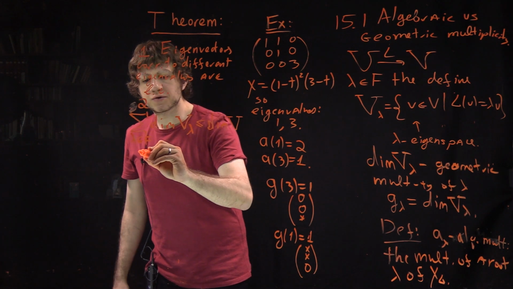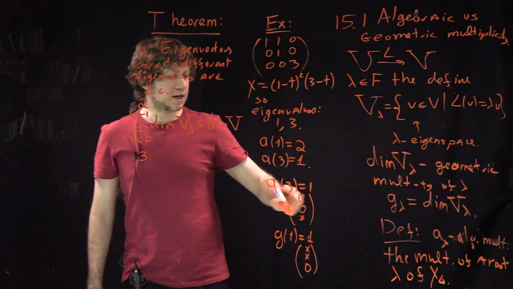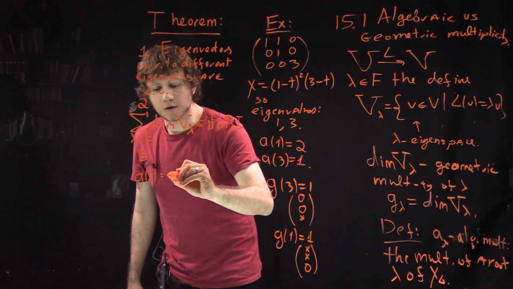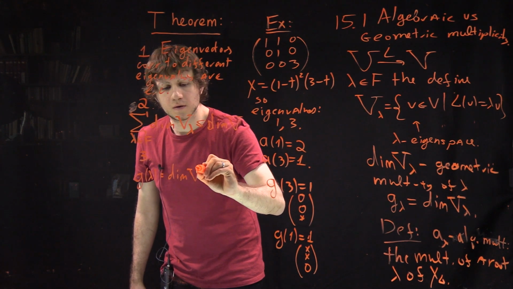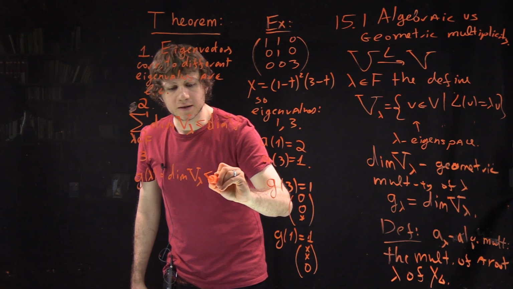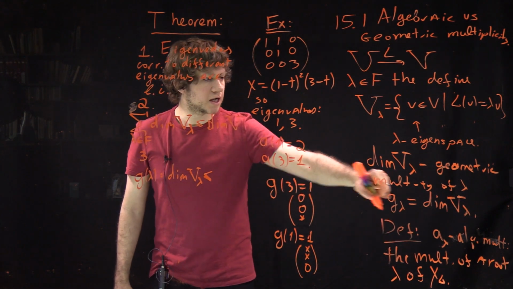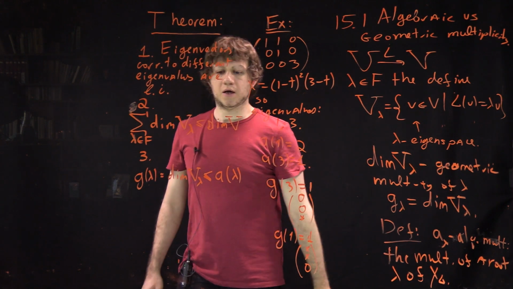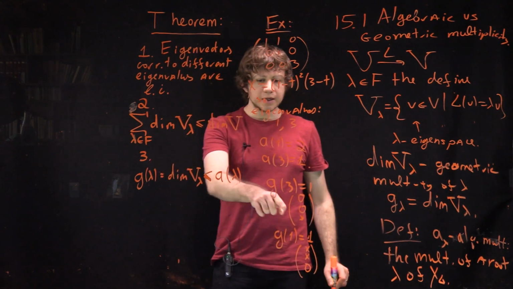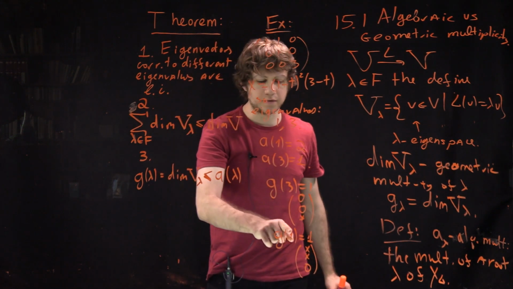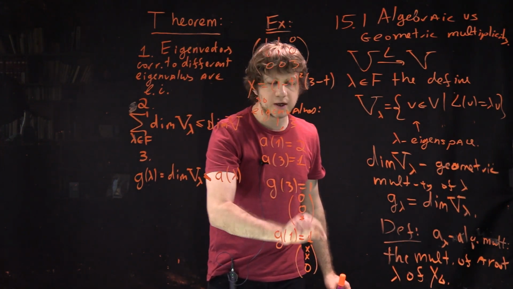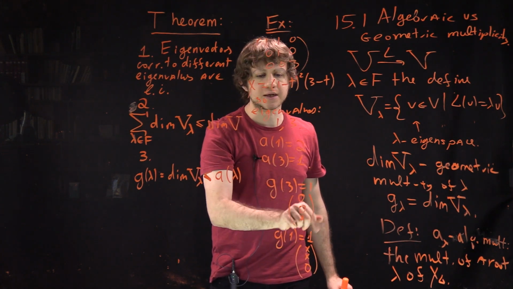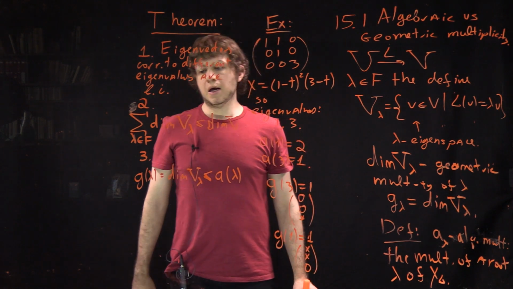And finally, part 3 is that this dimension G of lambda, which is the dimension of V of lambda, is less than or equal to the algebraic multiplicity A of lambda. Here we see the geometric multiplicity of eigenvalue 1 is equal to 1, though the algebraic is equal to 2. And that's always the case, as geometric is less than or equal to algebraic.